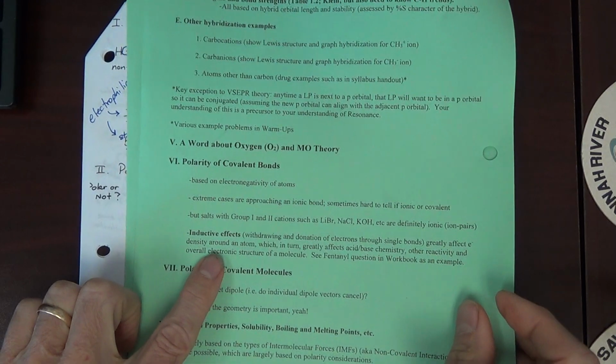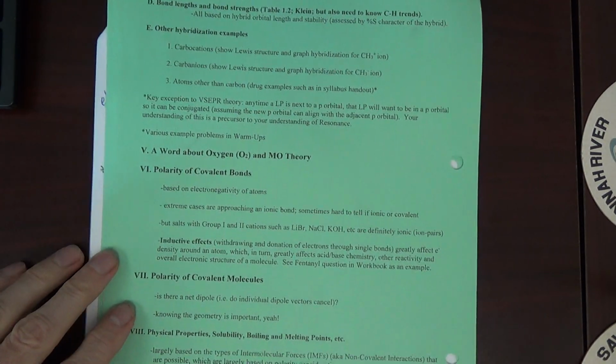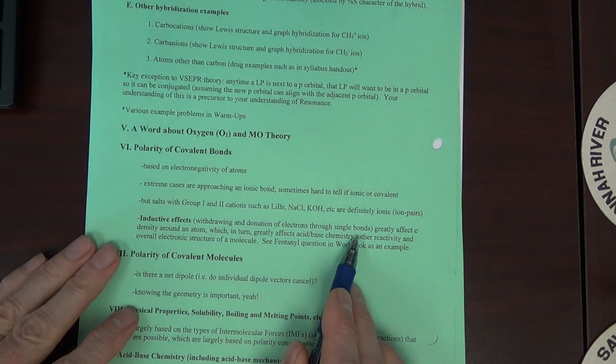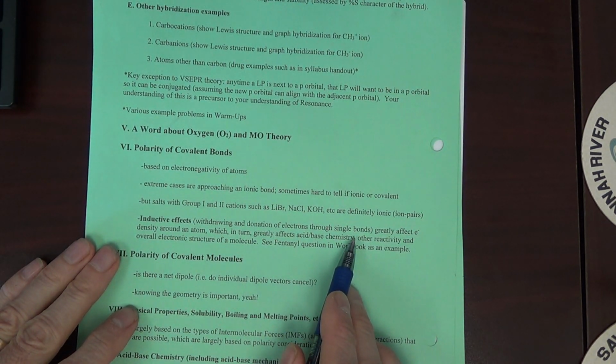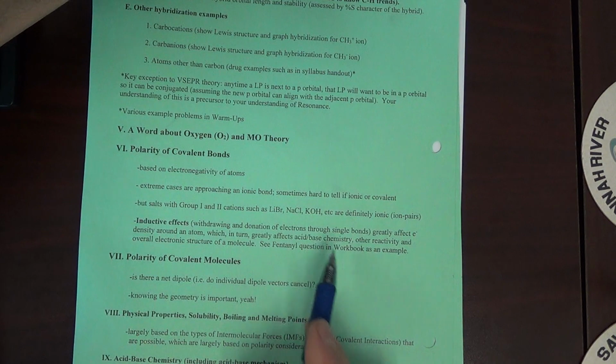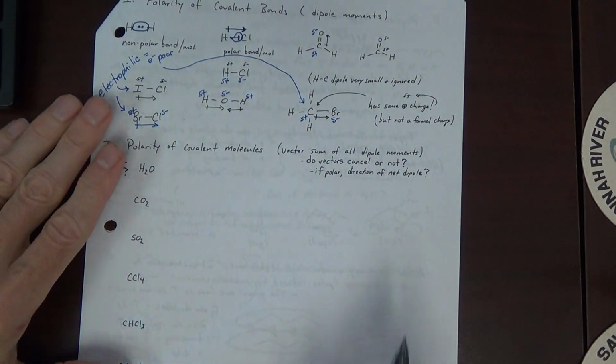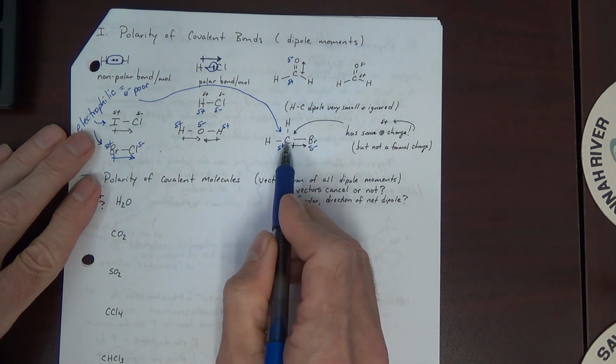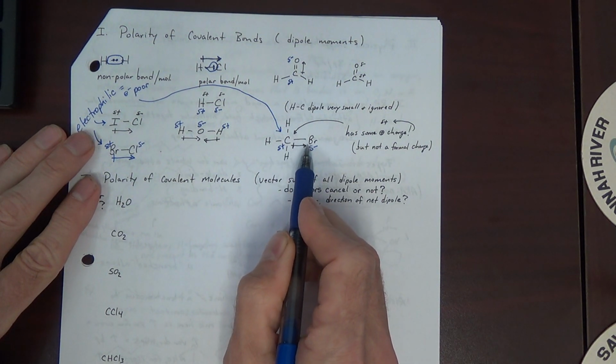Inductive effects. Withdrawing or donation of electrons through single bonds. You can read the rest of that. That's what's happening here. Through the single bond, the bromine is pulling on the carbon.